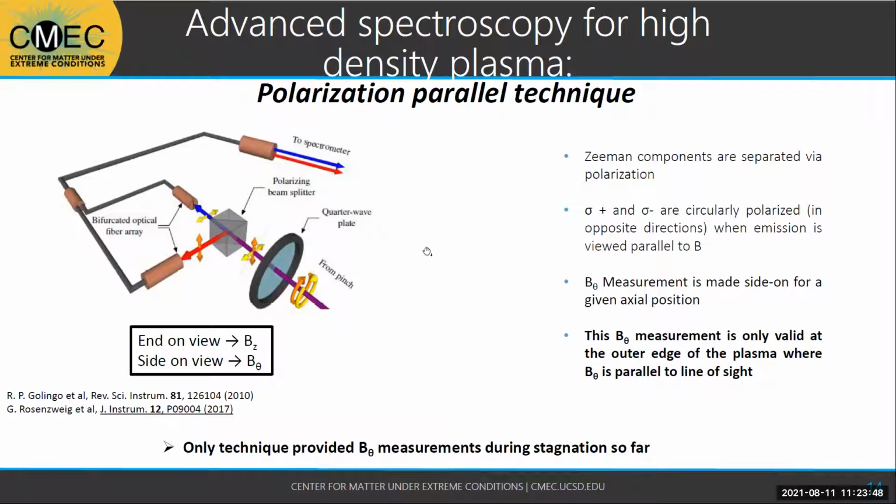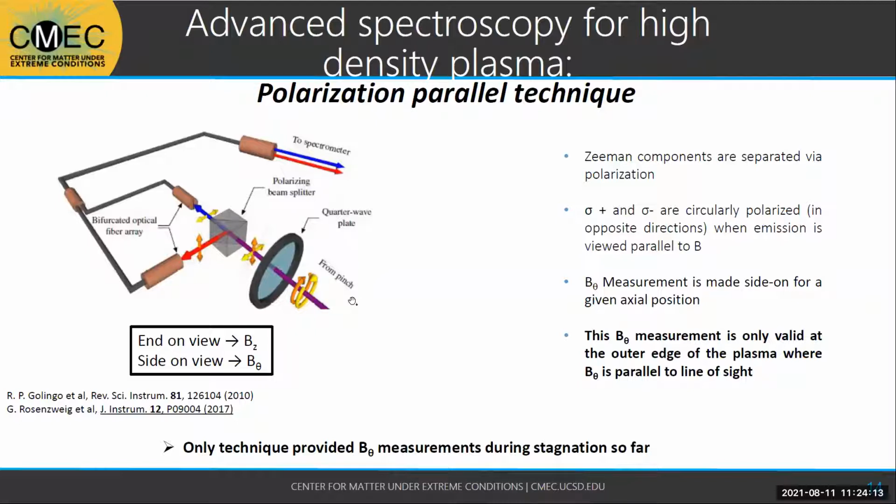The next technique works basically the same way, except with a parallel line of sight. You're still separating the components with polarization, but this time the light will be circularly polarized, and you're not separating pi and sigma, but the upper and lower sigma components, so you don't see any pi lines.